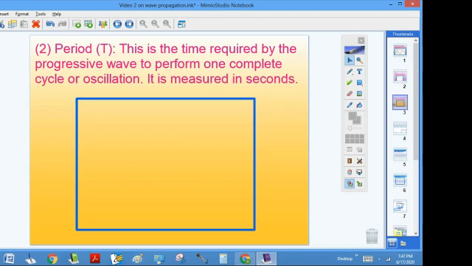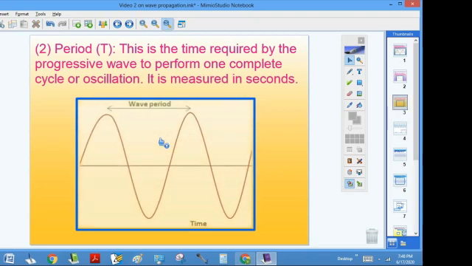The next we are going to talk about is the period. The period is the time required by the progressive wave to perform one complete cycle or oscillation. It is measured in seconds, and this represents what we mean by wave period. Wave period, as we can see, is determined from one point to another.